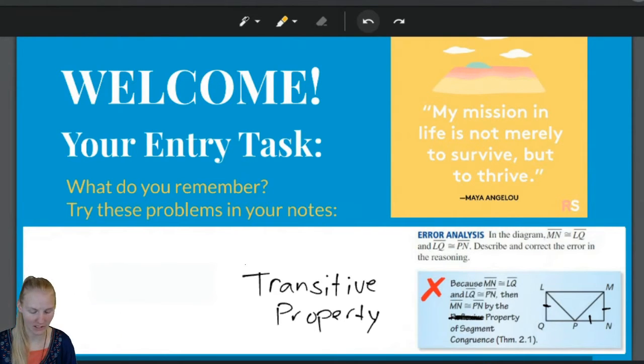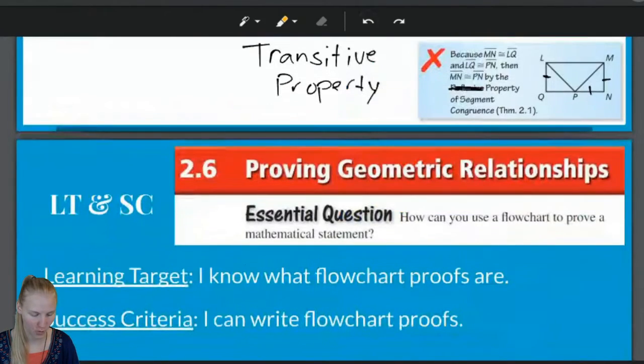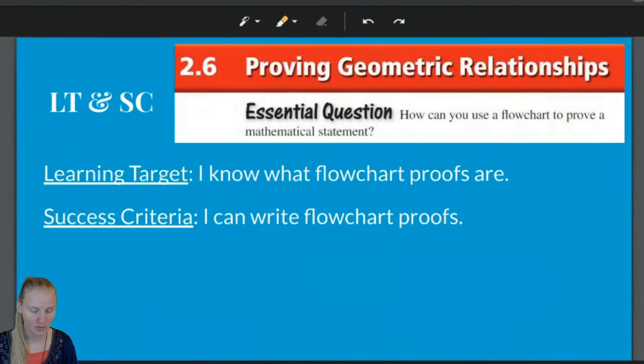Woohoo! Okay, all right, let's move on to what we have for today. Today we move on to section 2.6. Today is the first part of two parts of section 2.6, and it is all about proving geometric relationships. So in 2.5 we talked about proving things about segments and angles.